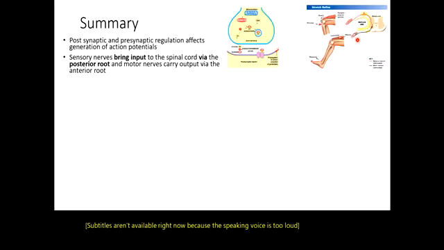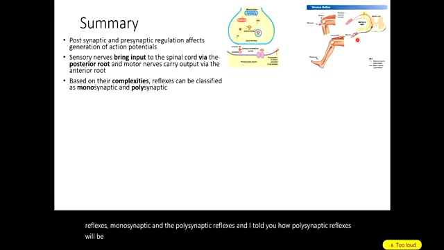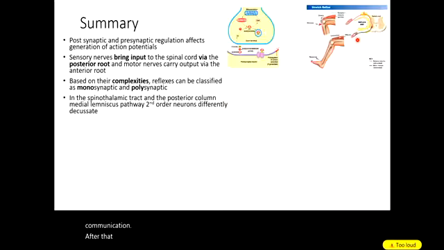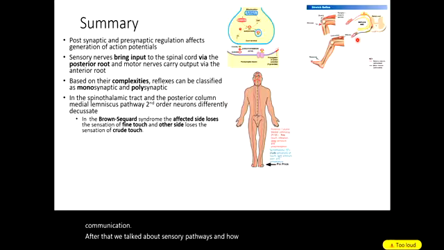So we talked about two types of spinal reflexes, monosynaptic and polysynaptic reflexes, and I told you how polysynaptic reflexes will be much slower because you have more connections, and it's going to slow down the communication. After that, we talked about sensory pathways and how signals of touch can be carried all the way to the brain and how it's processed.